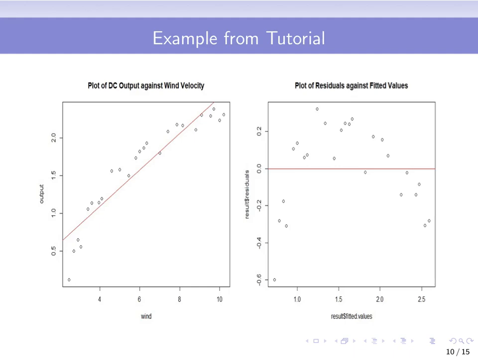Now, if you take a look at the picture on the left versus the picture on the right, the residuals measure the distance between each data point and the regression line. If you notice this cluster over here of 4 data points where they are all below the regression line, then these residuals will all be negative. So this cluster of 4 corresponds to this cluster of 4 over here.